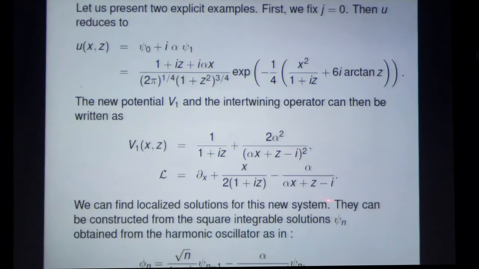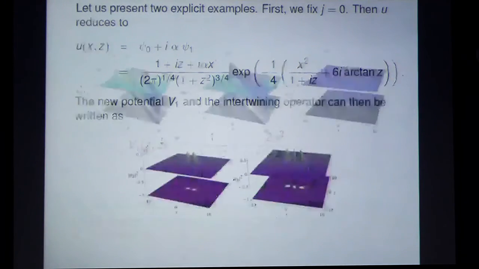Also the intertwining operator is an easy expression, but moreover the solutions for this new system can be written in an easy way. Why? Because we use the properties of the Hermite polynomials. So we can express these new solutions for this new system in this closed form.